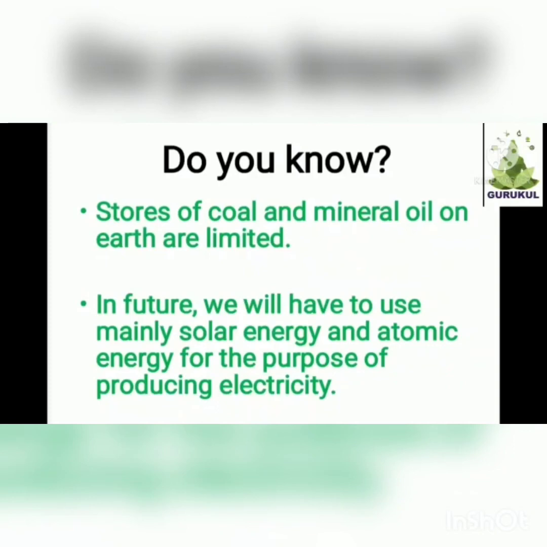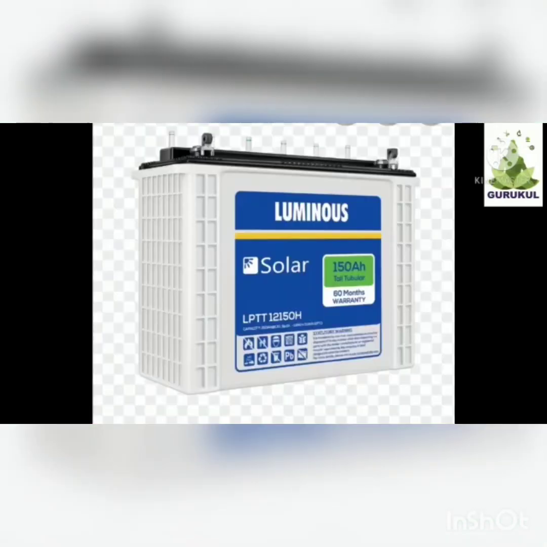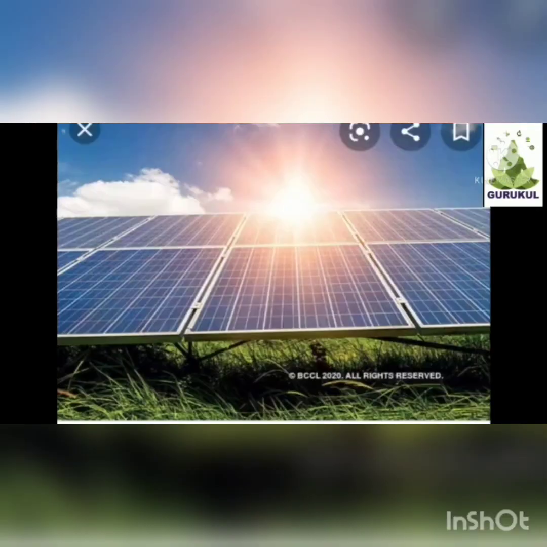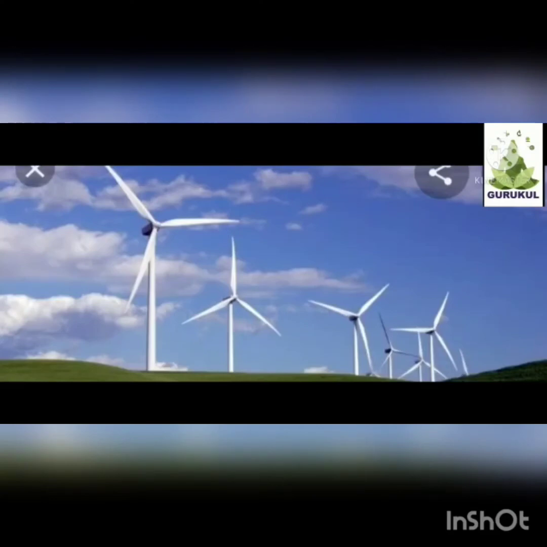Next point, there are batteries which produce electricity using sunlight, and that's why they are called solar batteries. Then the heat of the sun, flowing water and wind do not get depleted.